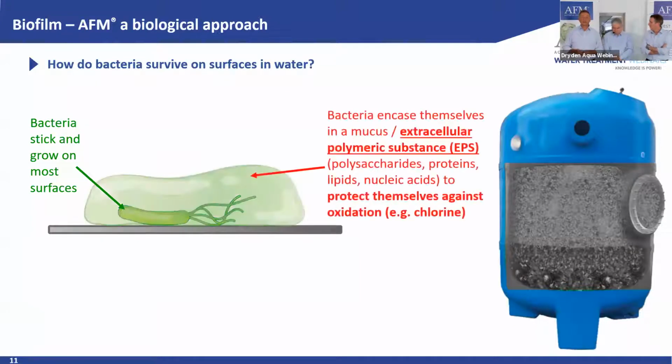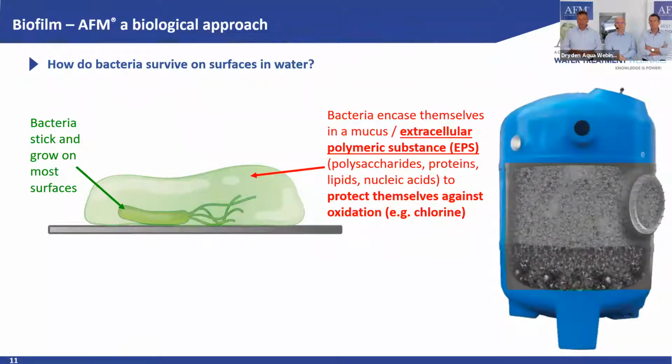To protect themselves, they excrete a mucus, or EPS, extracellular polymeric substance, to cover themselves. This bacteria covered with slime, we call a biofilm.